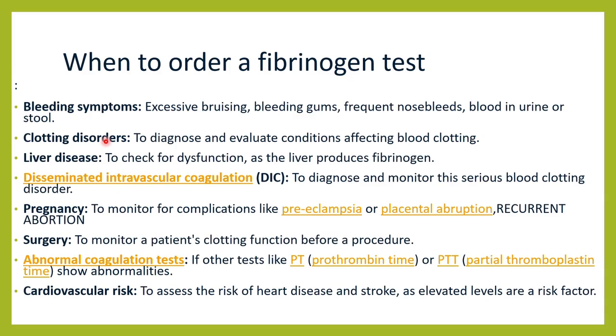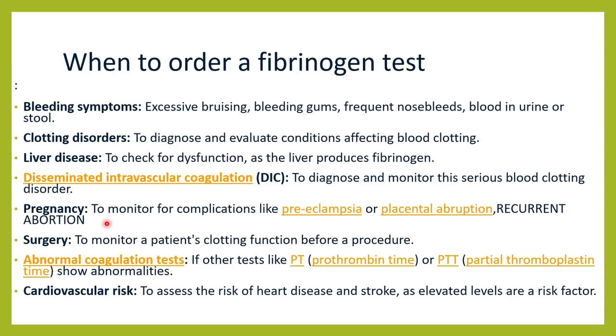In liver diseases, doctors order it for disseminated intravascular coagulation, that is consumption coagulopathy, to monitor any serious blood clotting disorders. In pregnancy, sometimes the patient has recurrent abortion or develops complications like preeclampsia or abruptio placenta.